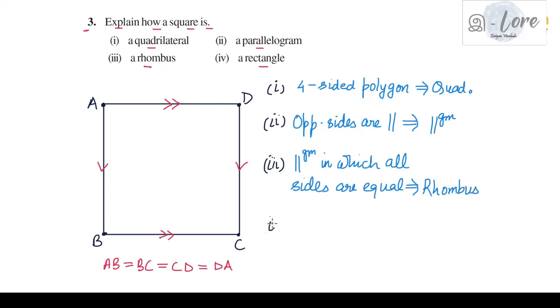And then finally in part 4 we have to explain why a square is also a rectangle. Now a rectangle is a parallelogram in which all the angles are 90 degrees. So that is also true for a square.